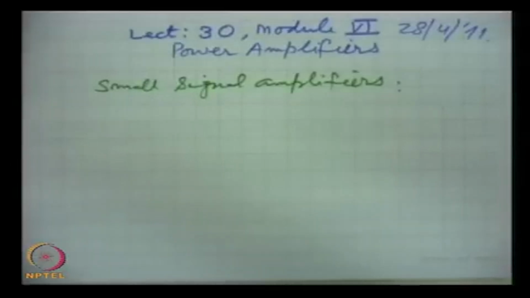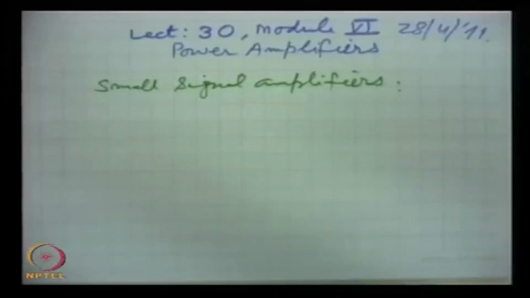Now, all the common emitter, common collector, or even in the FET circuits, the common source, common drain, we discussed all of them, they were small signal amplifiers. Small signal amplifiers are used in almost every system for data processing or for signal processing. Now, after signal processing, we need power at the output stage of the system.